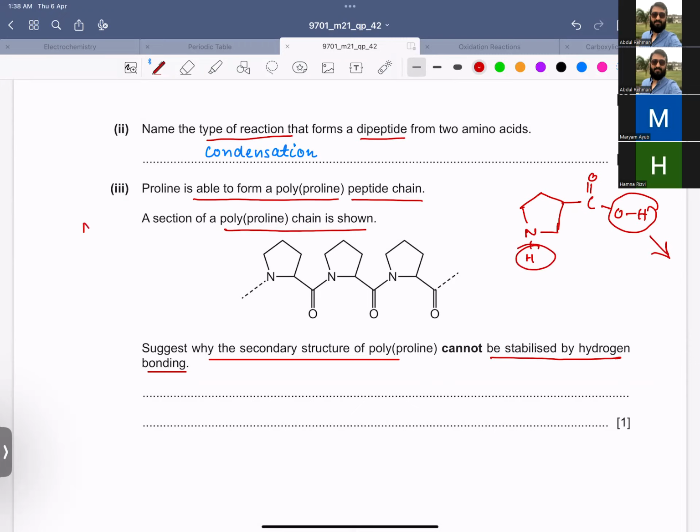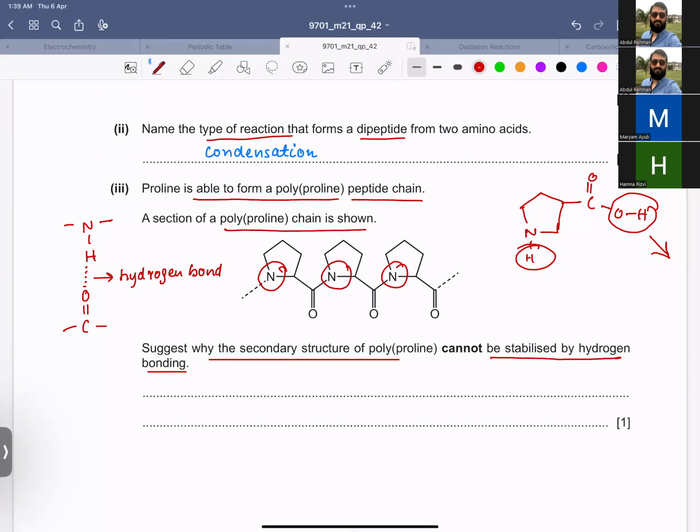So if this nitrogen has an H, for example, in the polymer chain, and a carbonyl oxygen faces this hydrogen, then there would be attraction, and we call this attraction a hydrogen bond. But if you see over here in the polymer, there is no hydrogen bonded to a nitrogen.